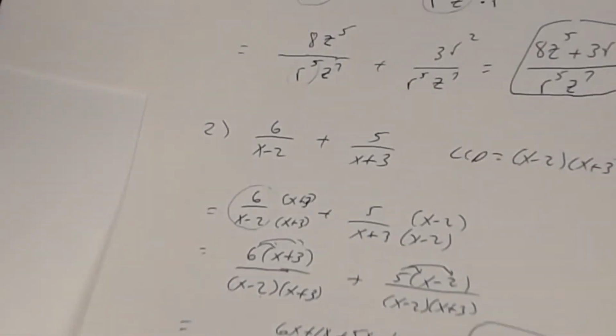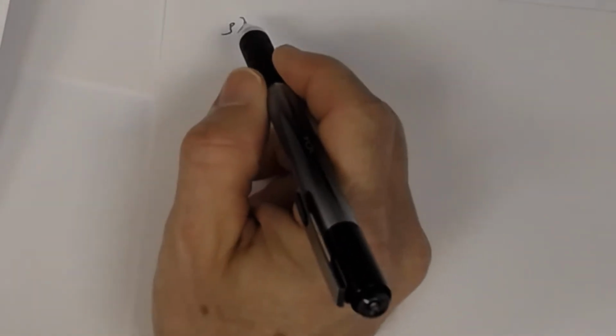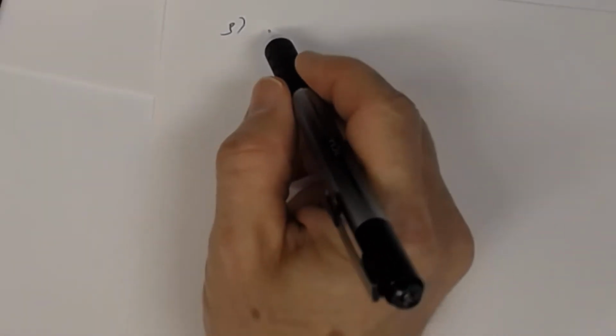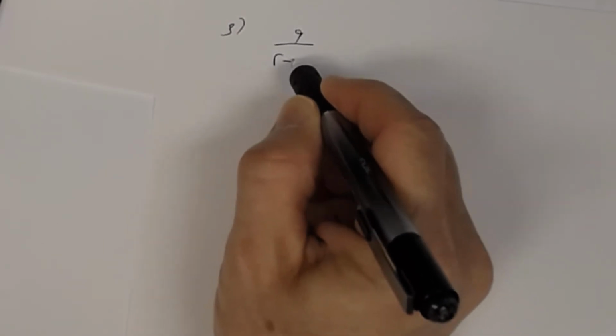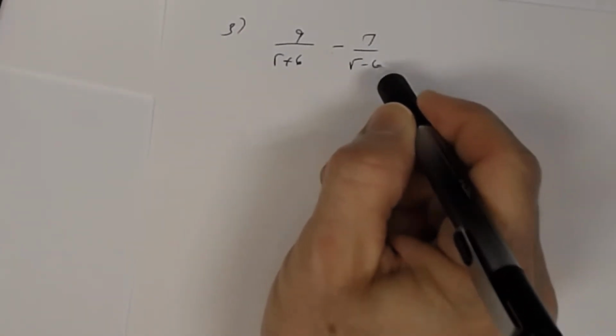Okay, let's look at number 3. Number 3, we have 9 divided by r plus 6 minus 7 divided by r minus 6.